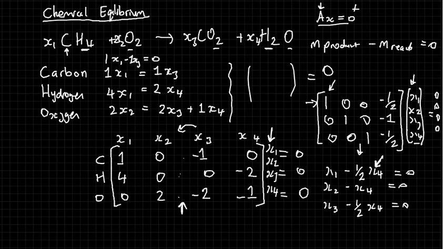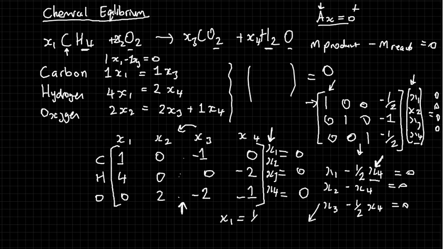Alright, so the next thing we're going to do is choose a value of x4 for which this holds true. Now, the reason why we don't have one single solution is that in reality we can have any multiple of x4 and this will actually work. That's because you can have multiples of the same balanced equation and it means exactly the same thing. I'll explain that a little bit more later on.